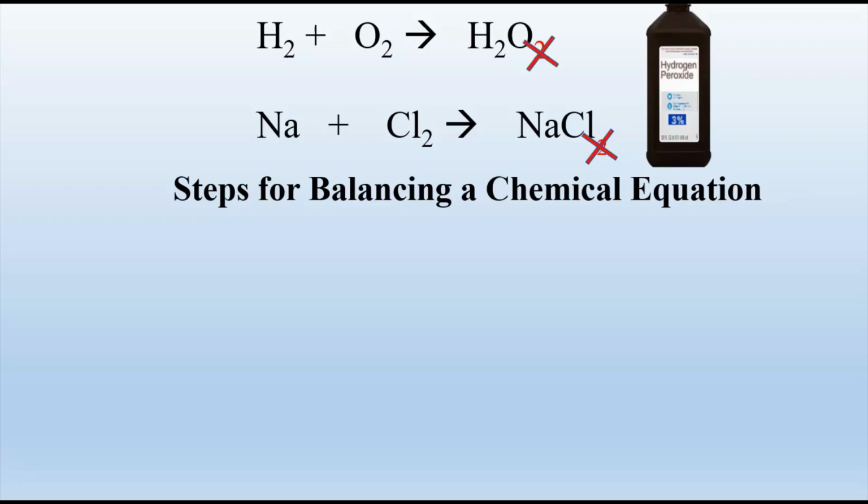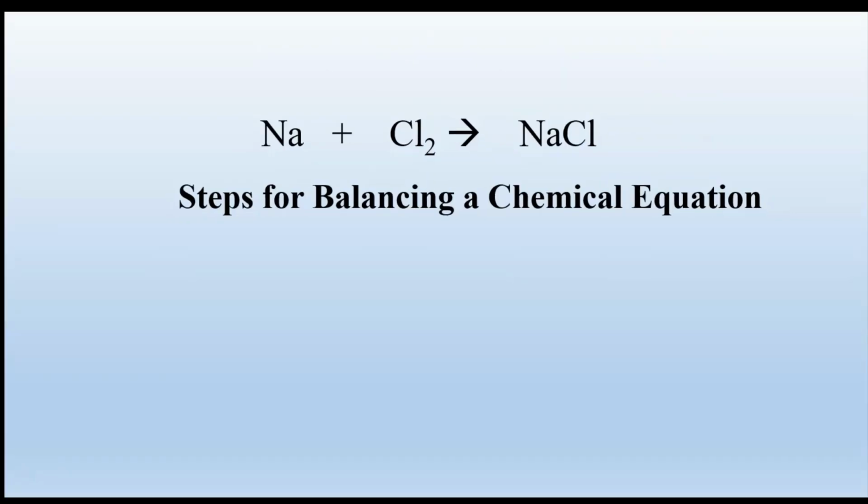So instead of messing with the subscripts, this is the reason that it doesn't work, we have to change the coefficients out front. This is just a little preface to note the difference between changing the subscripts and changing the coefficients and why that's so important.